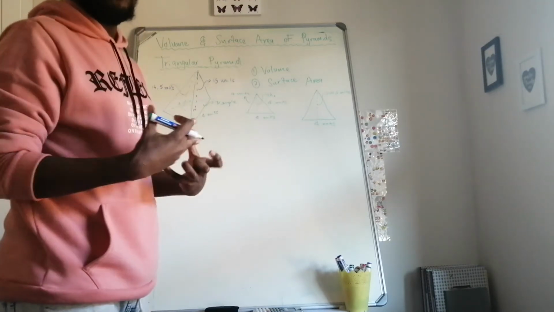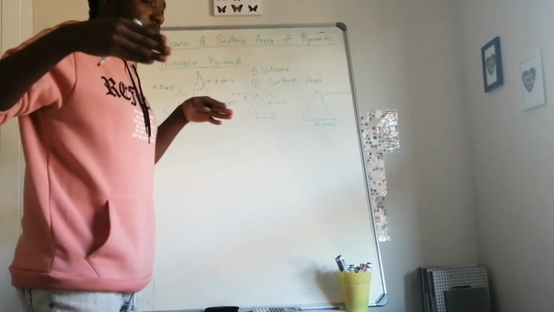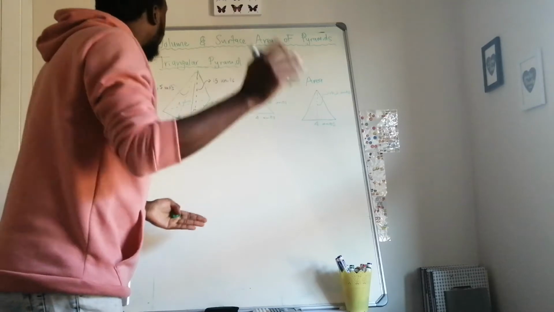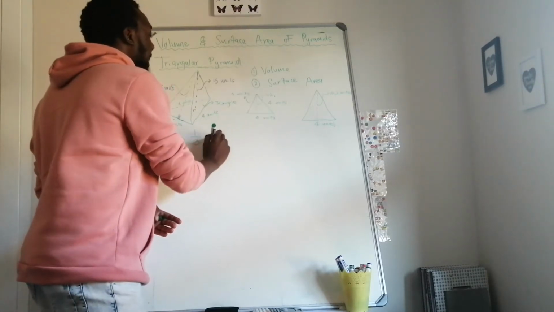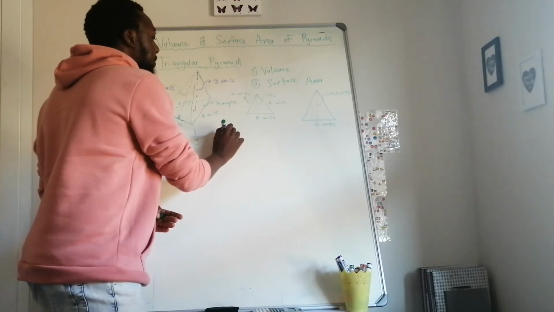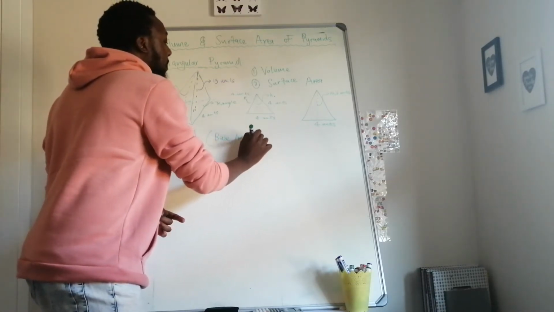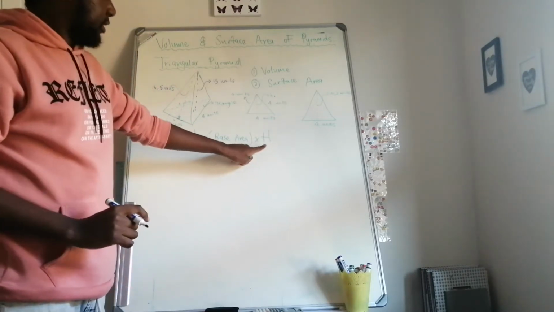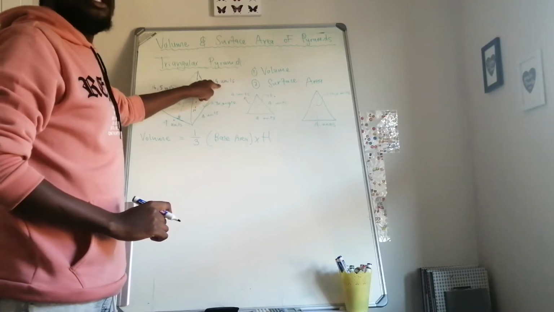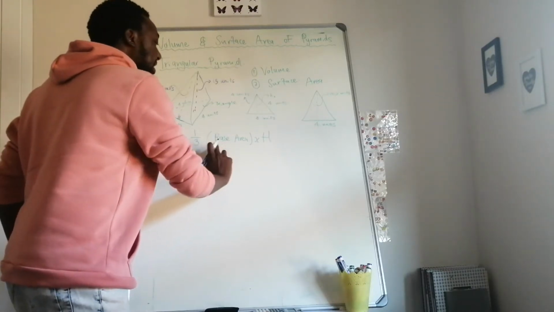All pyramids have the same volume formula. The formula says a third of the area of the base, multiplied by the perpendicular height. That's the 15 units that we have there, right? So what is the area of the base?